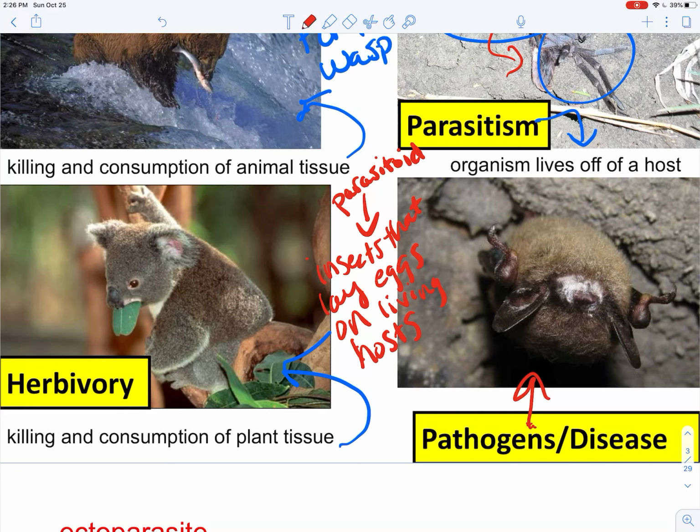In this example, you're looking at a bat that is suffering from what we call white nose syndrome. And you might also notice some white on other parts of the body. But white nose syndrome can attack more than just the nose. It's a fungus that is starting to decimate bat populations in areas where it's been introduced.